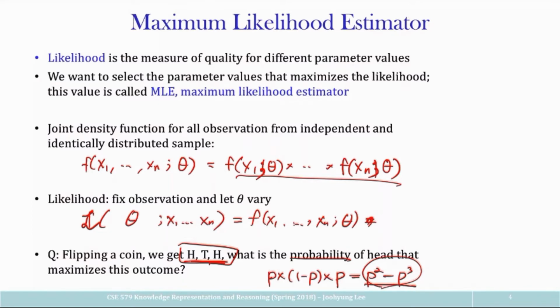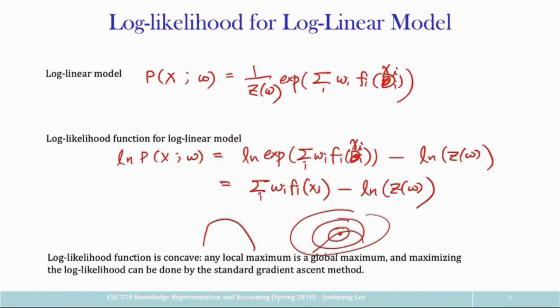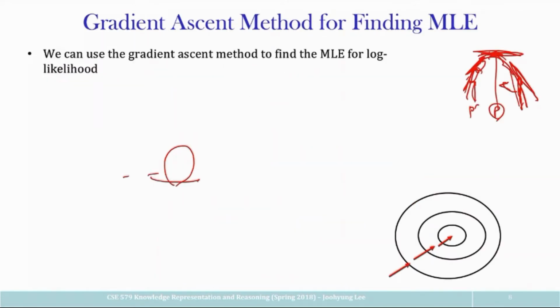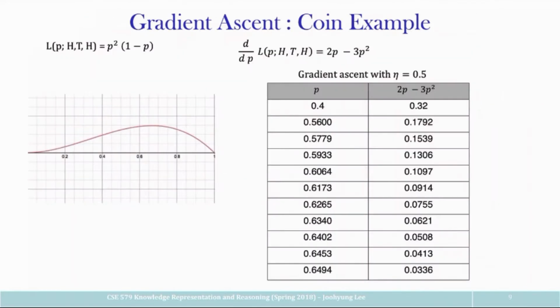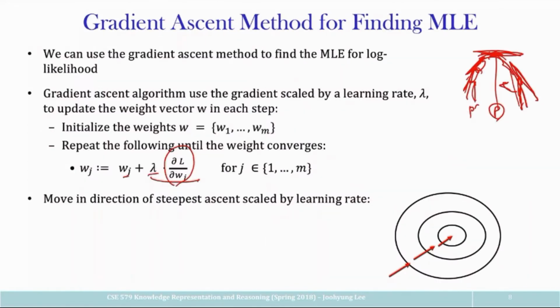So if you can find a closed form solution like this, then you don't even need to use the gradient ascent method. Unfortunately, this is not the case with Markov logic. There is no closed form solution like this. So that's why you have to use an iterative method like gradient ascent. We actually didn't talk about Markov logic yet. We are just talking about the general introduction to the gradient ascent method.